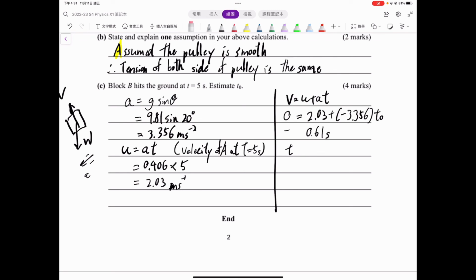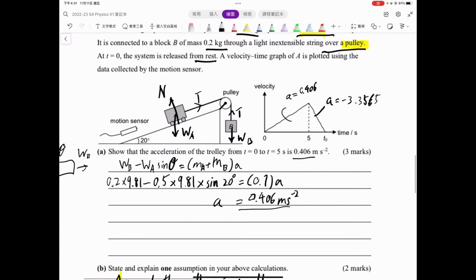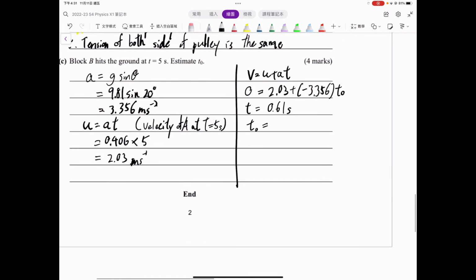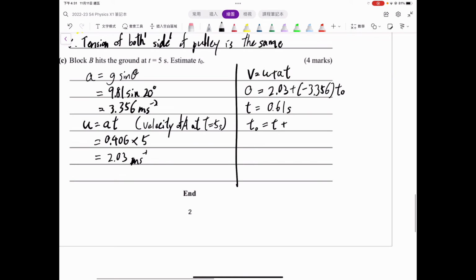The time taken for it to come to rest will be different. However, when we calculate it, we are talking about this being t, so t log is equal to t plus 5 seconds.